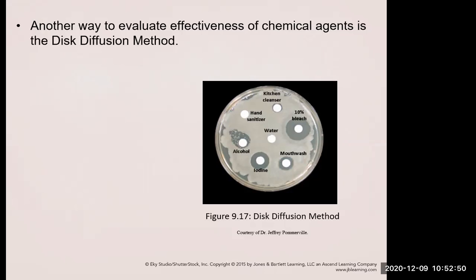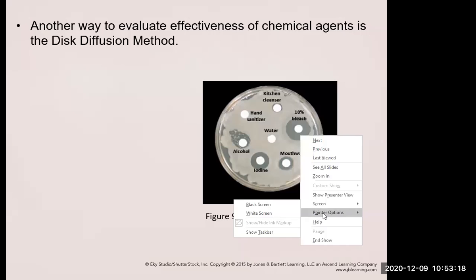You dip it in, say, bleach or mouthwash, just water, whatever it is. So you're going to expose the paper to a chemical, and then you're going to place the paper on top of your freshly inoculated plate. Let it grow overnight, and then you're going to see how effective each of these are at killing the bacteria.